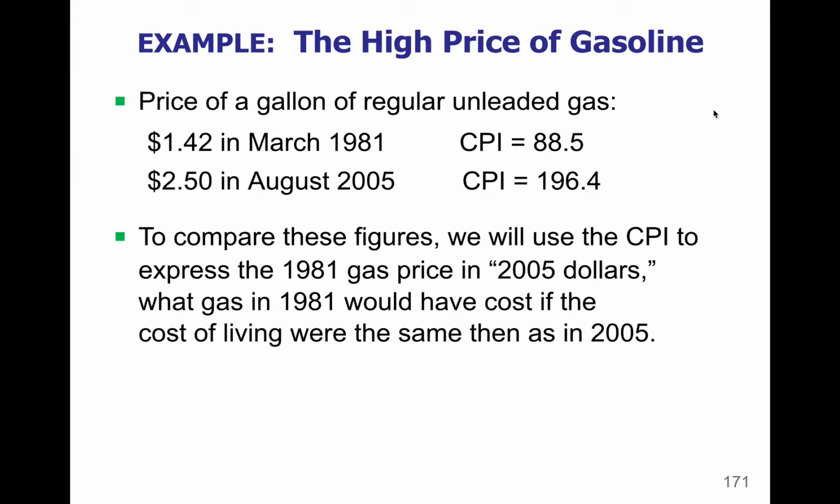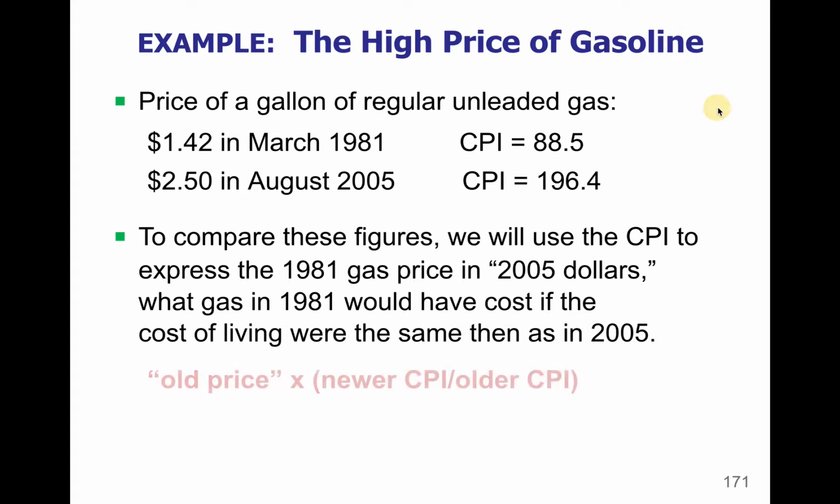We're going to take the older number, $1.42, and express that 1981 gas price in 2005 dollars. That means the value of the dollar in 2005, or what gas in 1981 would have cost if the CPIs were the same as they were in 2005.